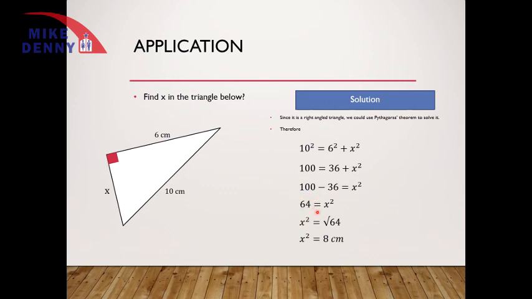So 64 equals x squared. If x squared equals 64, then x should be the square root of 64, and x should equal 8 centimeters. So you correct these errors: x squared was 64, therefore x equals the square root of 64, and x equals 8.